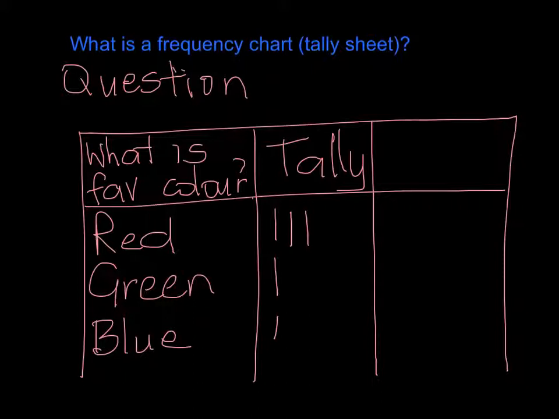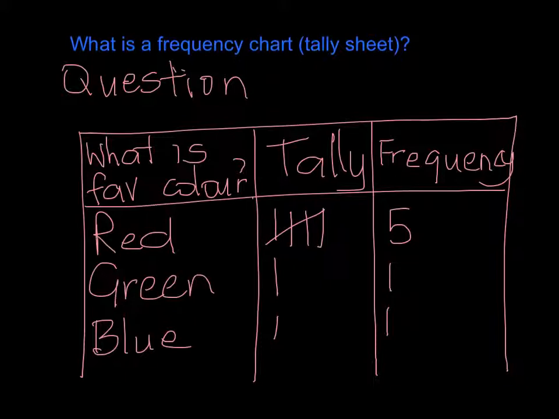So you're making a tally. When you get to 5 reds, then you make your lines like that. Then the last column is your frequency, and this is your total. So here it would be 5, 1, 1. Of course, this is not really good data, but it gives you the idea.